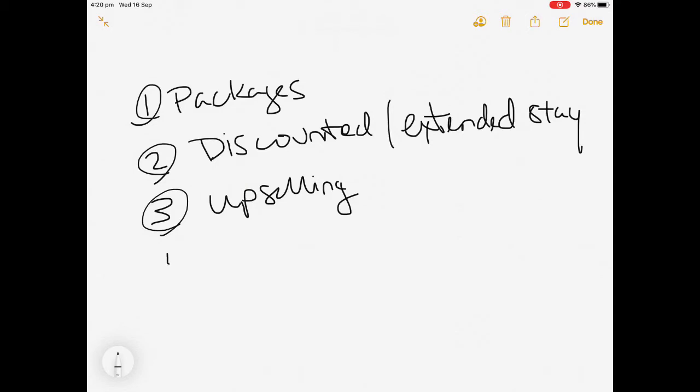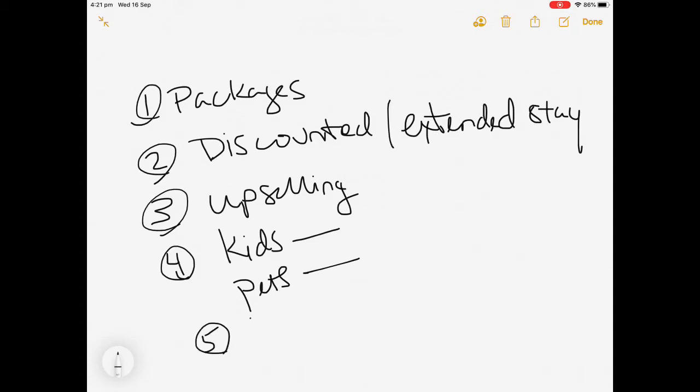And then there are other ways, like kids, sometimes there's a payment for that. Sometimes there's a payment for pets. Sometimes we have referral programs, so that encourages people to stay more brand loyal and to return. Those are some of the ways that we get our ADR up.